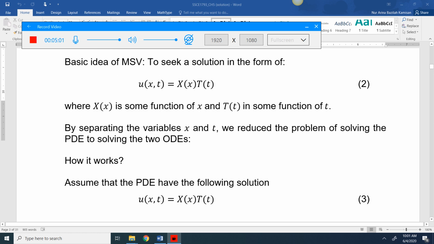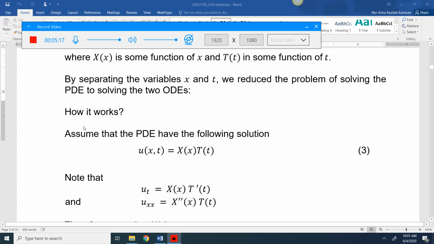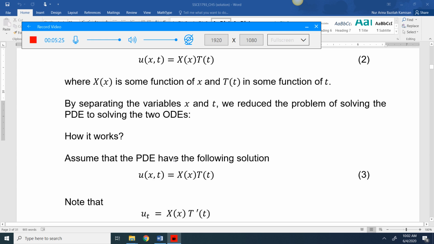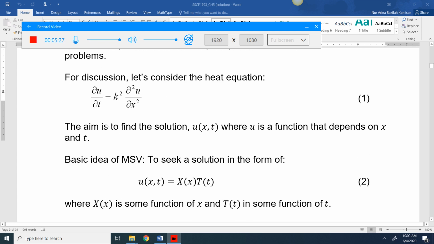By separating the variables x and t, we reduce the problem of solving the PDE to solving two ODEs. If we can solve for X and T, we will have the original differential equation. So how does it work? Assume that the PDE has the following solution. We say that the general solution is like this, and then we look back at the original equation.